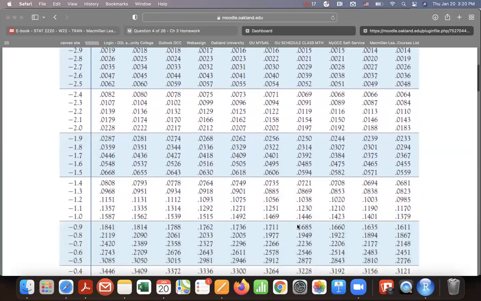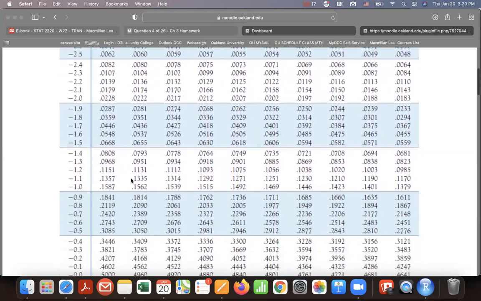Oh, that's 0.01 right here, down here. I see the two values. Is this good enough? No, I see more here. Right here, these two right here.